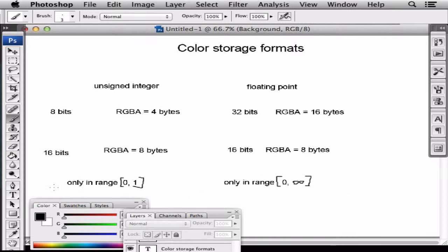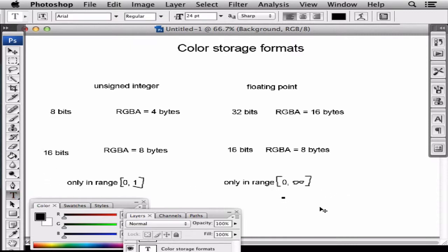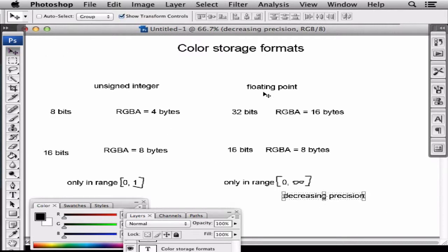It's not infinity, but it can have very, very high numbers. I think it's 1 to E37 or something like that. Also, with floating point, the higher the number gets, the lower the precision becomes. So those are the values that we work with.